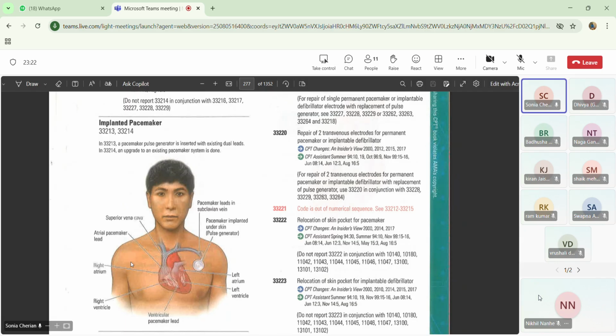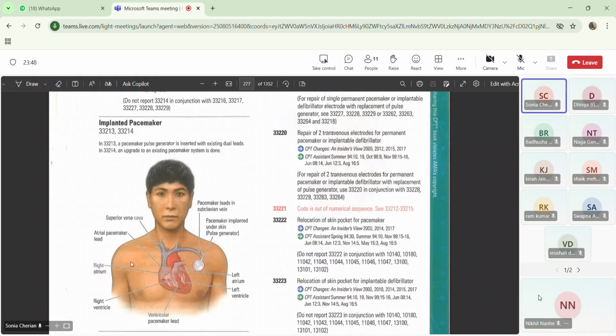Definitely they will use some imaging, so that the placement is in the right vein. They will thread the leads and wires through that vein and attach them to one chamber, two chambers, or multiple chambers. The leads will be attached to the pacemaker device. Then they will place the battery.